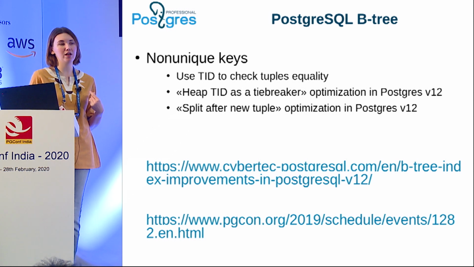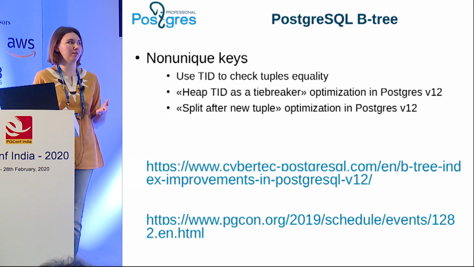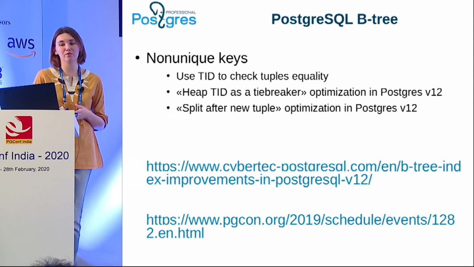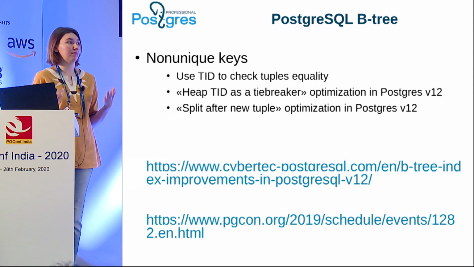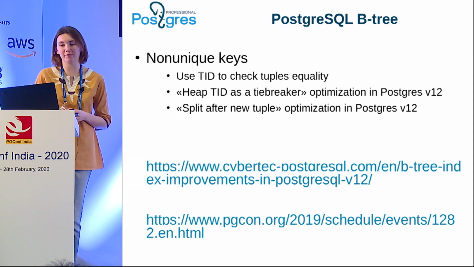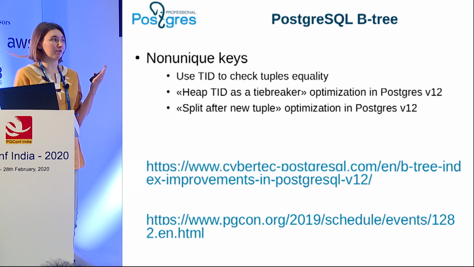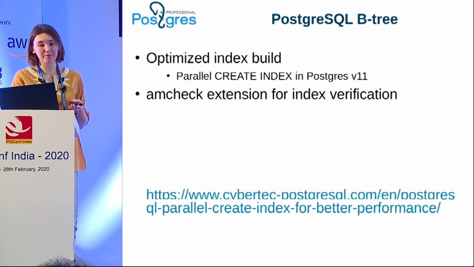For example, when you insert many subsequent values into your B-tree index, which is usually something that you do with a primary key ID, these new indexes will be smaller, and the split after new tuple optimization is responsible for this. So thanks to Peter Geoghegan, who implemented this in Postgres 12.